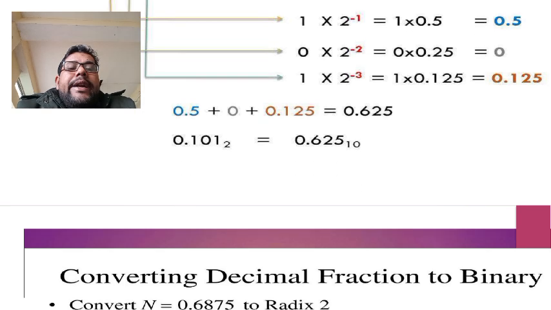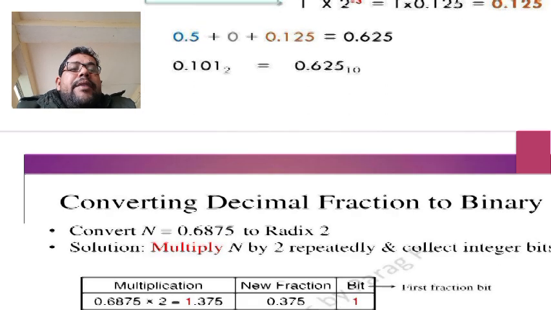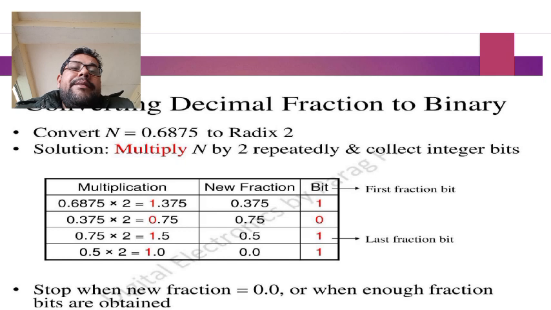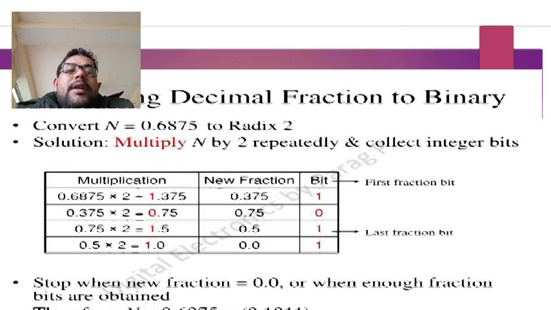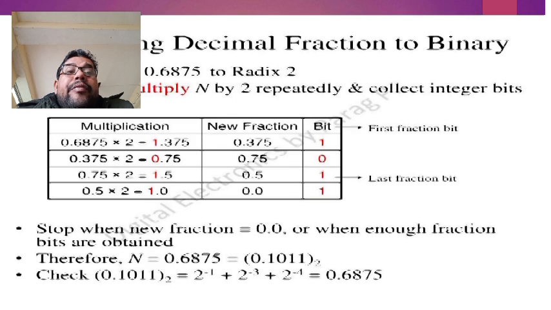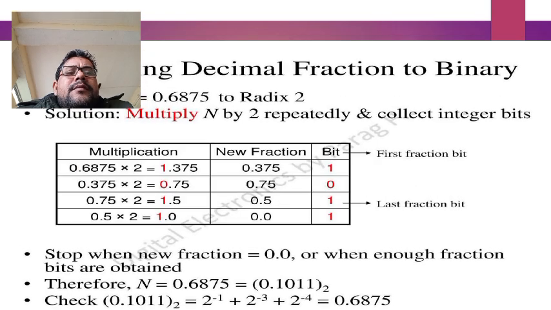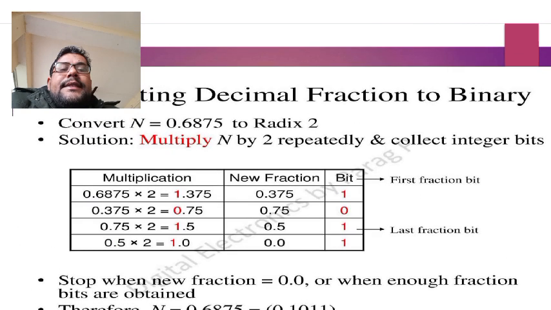Next we will calculate decimal fraction to binary. If a number is given in decimal, how can we convert it into a binary number? Simply, see this example.